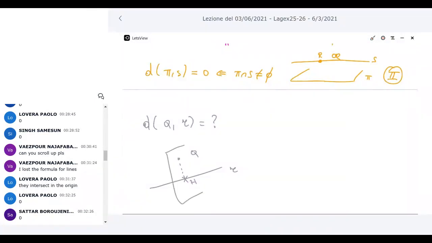This can be done very easily by using a plane alpha, which is orthogonal to R, containing the point Q, and then H will be the intersection of alpha and R. So this is my suggestion to compute the distance between Q and R. Of course, if Q belongs to line R, then the distance is going to be 0. So let me know what you get in this situation.